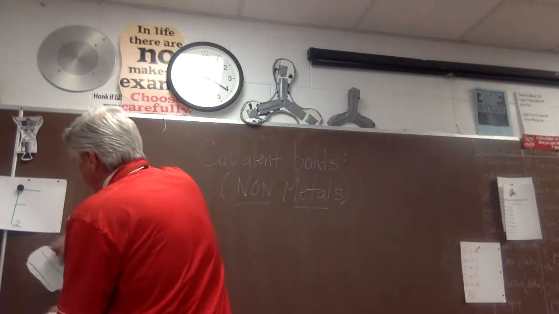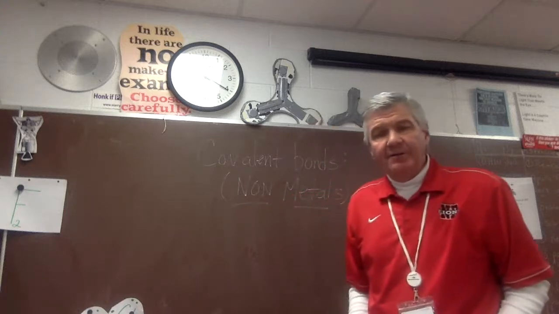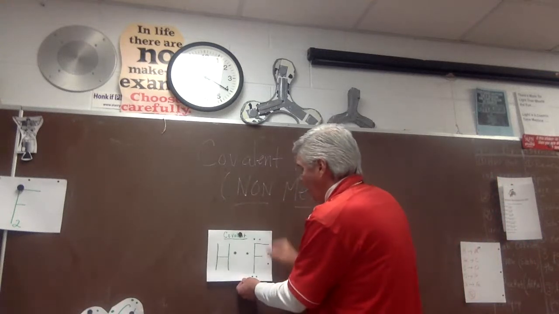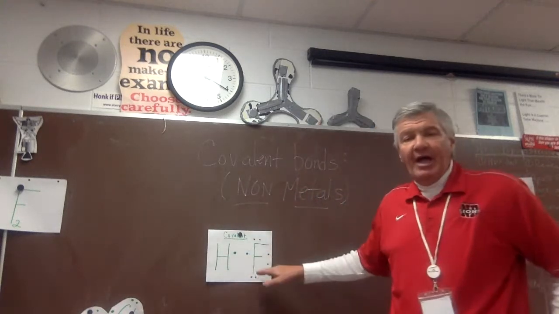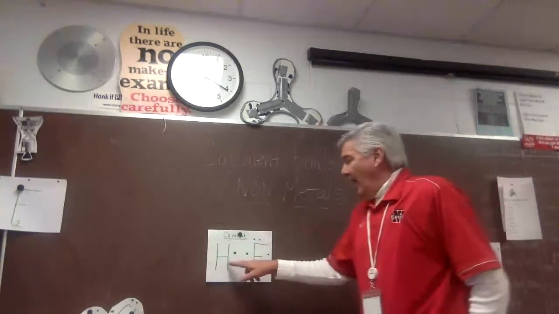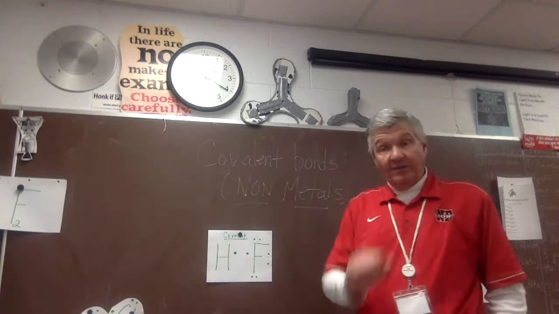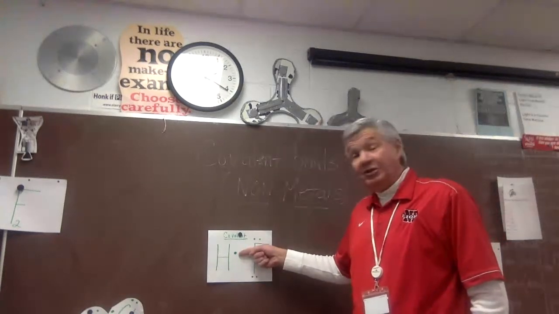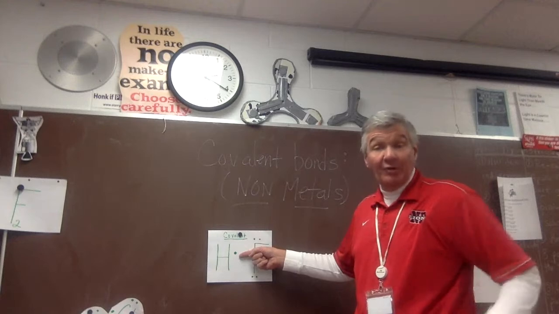All right. Now, there are other situations that we can take a look at as well. An example here would be HF, hydrogen fluoride. Hydrogen has 1 valence electron. We show that right here with this electron dot diagram.